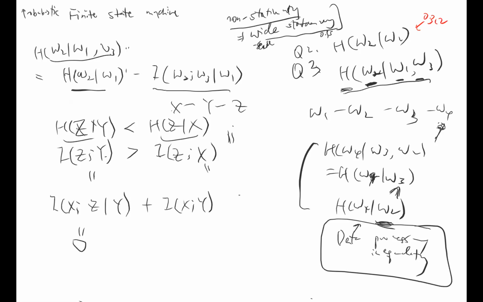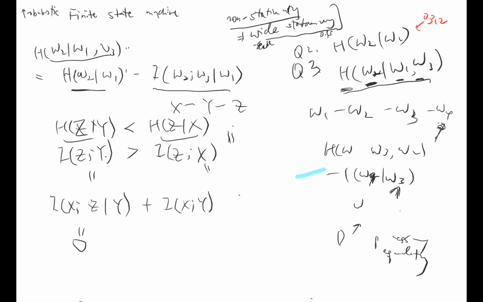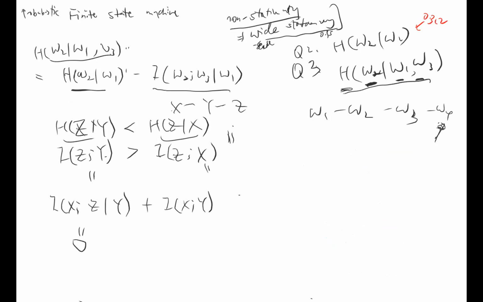By chain rule. So I guess I didn't show this chain rule, but I have something like I(X; Y) plus I(X; Z given Y), that should give me I(X; Z and Y).